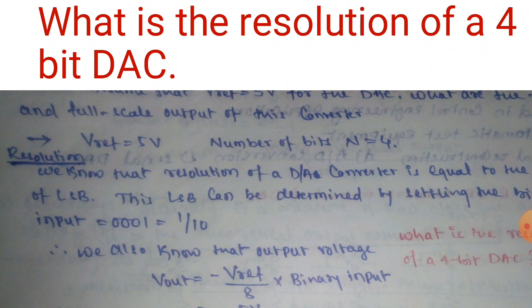We also know that output voltage V out is equal to minus V reference upon 8 into binary input, equal to minus 5 upon 8 into 1, that is minus 0.625 volt. The value of the output voltage corresponding to 0001 input is the resolution of DAC. Hence the resolution of a 4-bit DAC using R to 2R ladder is minus 0.625 volt.